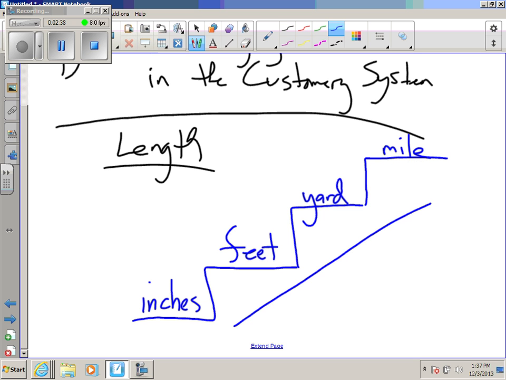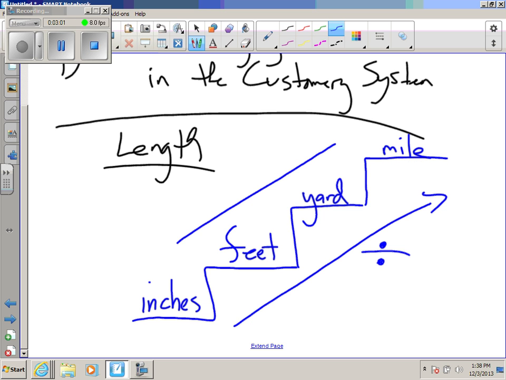As I go up, if I convert from inches to feet, feet to yards, yards to miles, as I move up this staircase, I will be dividing. When I convert from a smaller unit to a larger unit, I will always divide.